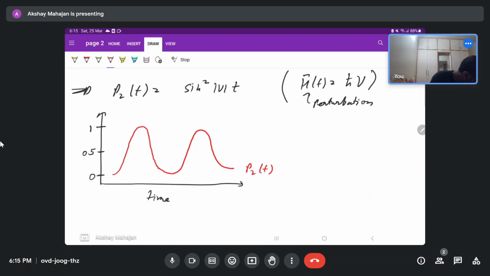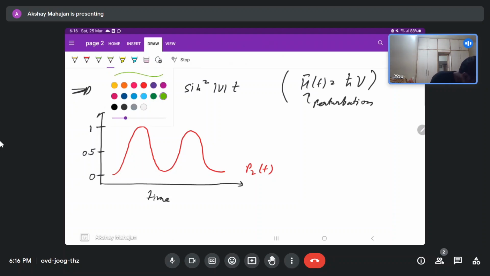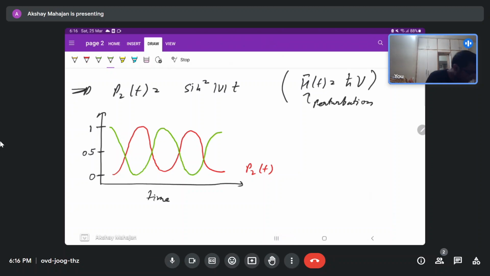So this will be our P2(t). And similarly we will have P1(t), which is 1 initially and will go to 0, and it will also slide like this, because P1(t) is just 1 minus P2(t). This will be our P1(t). And what we want is for this to be at half.